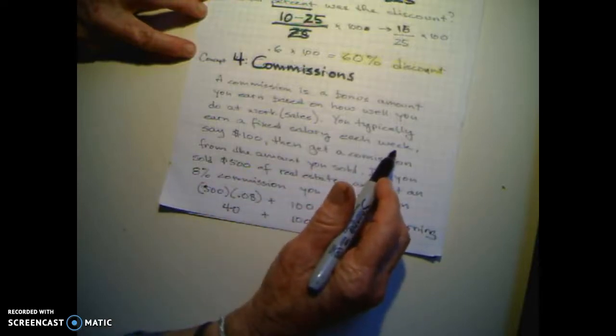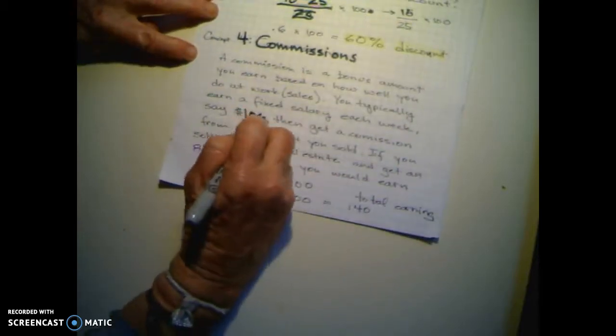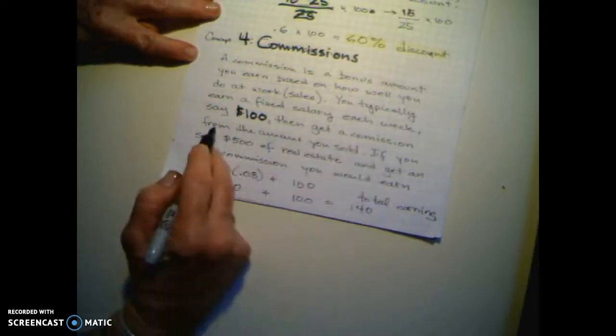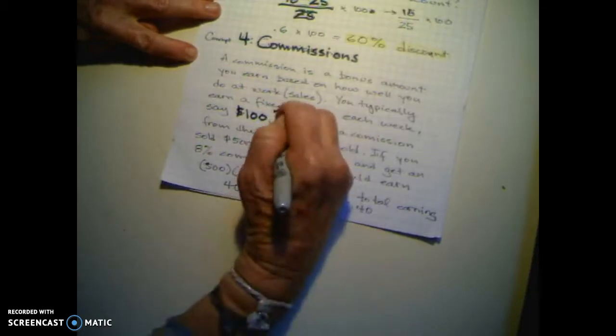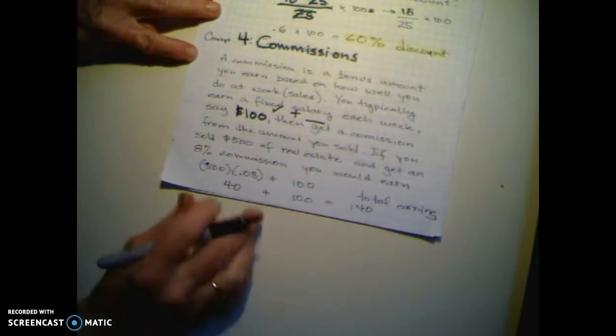That's some amount that isn't affected by how well or how poorly you do. And in this case, let's say you earn $100 a week. That's a pretty terrible job. Then you get a commission from the amount that you actually sold. So you get your $100 plus some amount that we need to calculate based on how well you did.